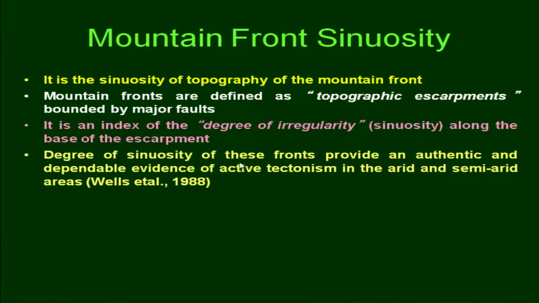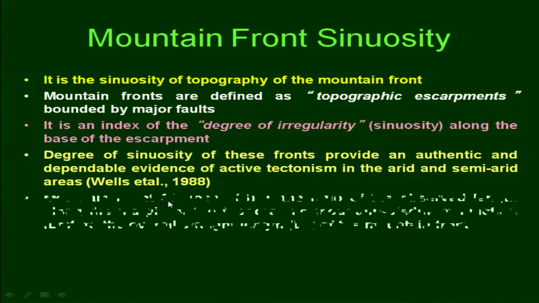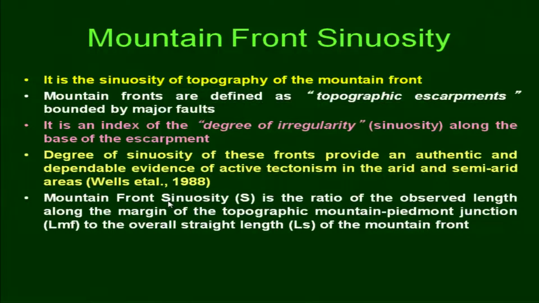The degree of sinuosity of these fronts provides authentic and dependable evidence of active tectonism in arid and semi-arid areas. But this was also true when we looked at the mountain fronts in areas like the Himalaya, which is a very dynamic area in terms of erosion and all that.